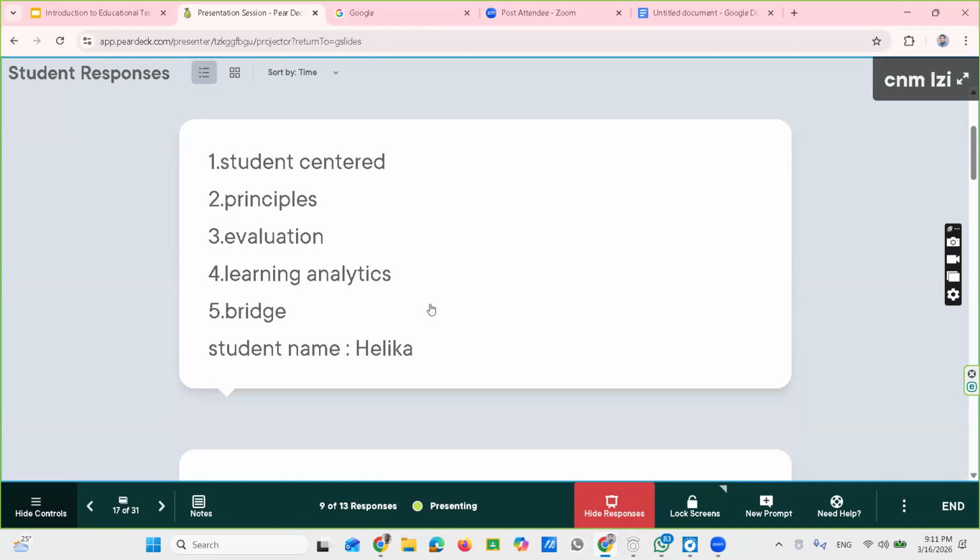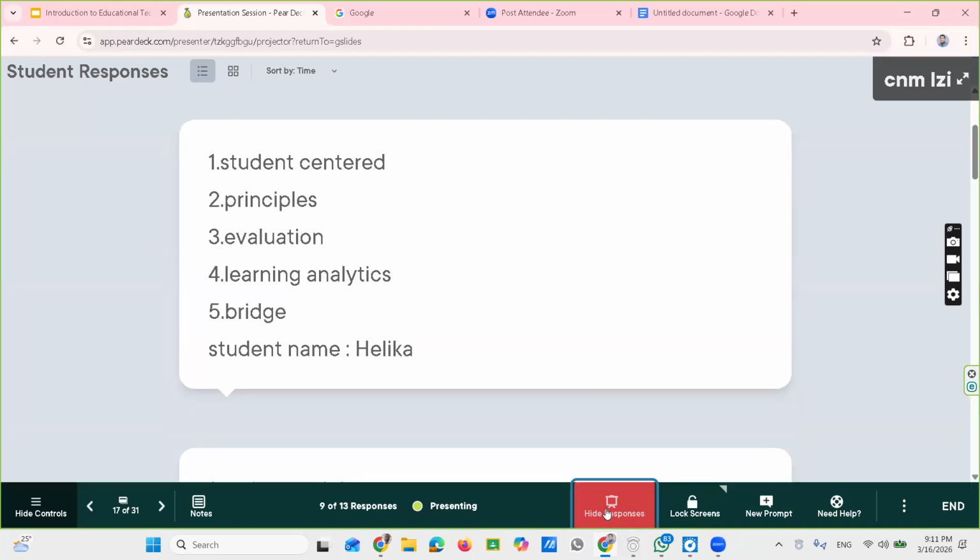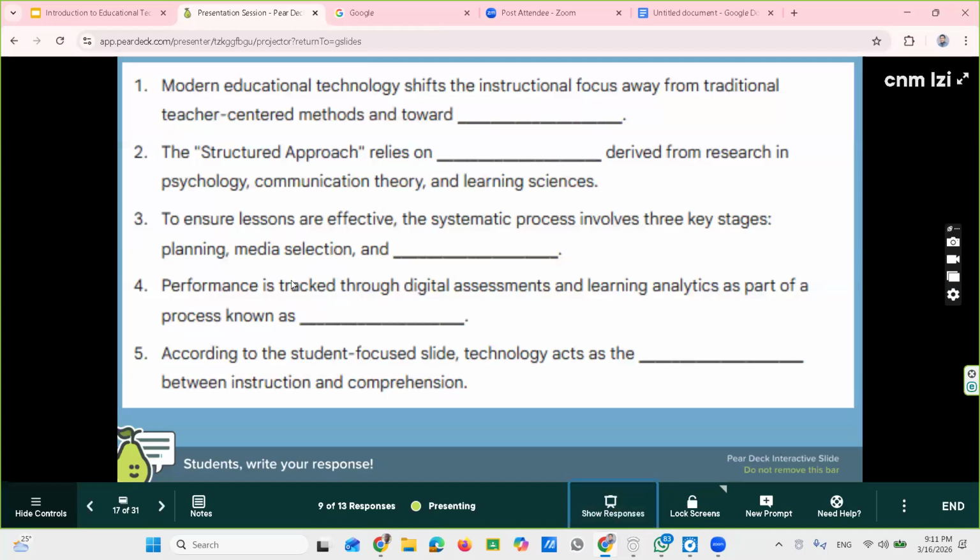Right. Third question. This evaluation is correct. That's the answer. To ensure lessons are effective, the systematic process involves three key stages: planning, media selection, and evaluation. Right. Then question number 4, performance is tracked through digital assessment and learning analytics as a part of a process known as what?